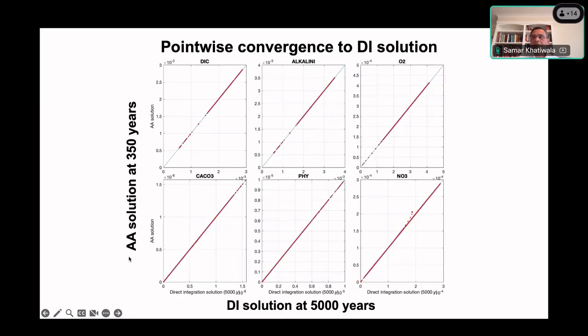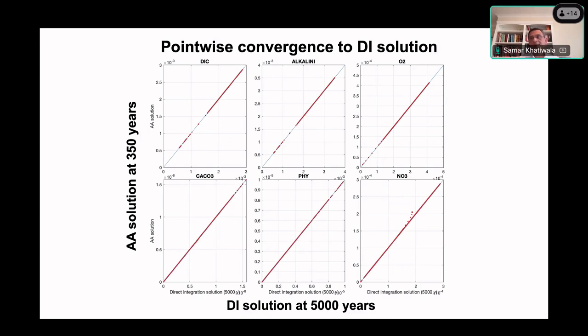And then finally, just to confirm, there's pointwise convergence of the Anderson solution. This is the Anderson solution on the y-axis at 350 years versus the direct time integration solution at 5,000 years, for the same 6 tracers that I showed before. This is shown at every single grid point in the model, so it's a pointwise comparison.